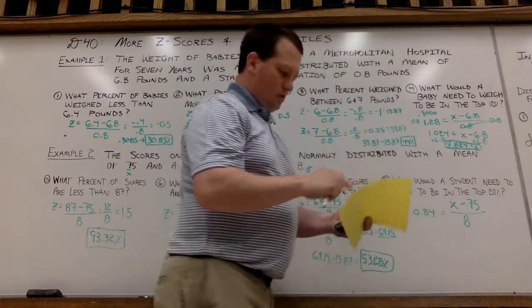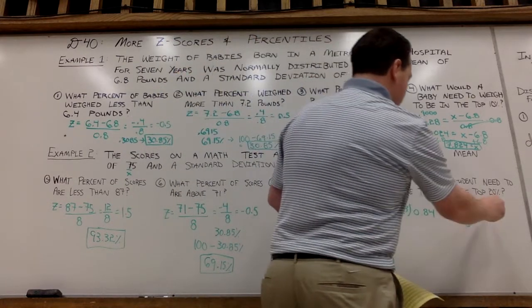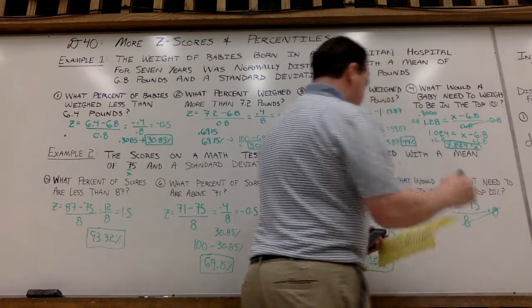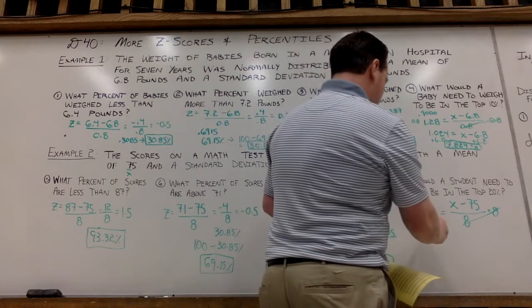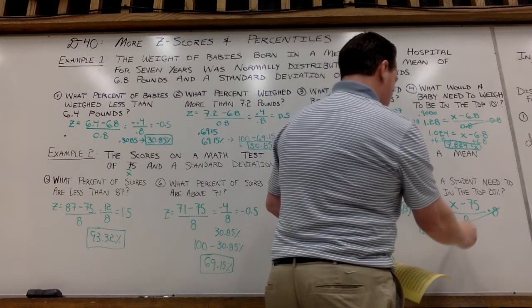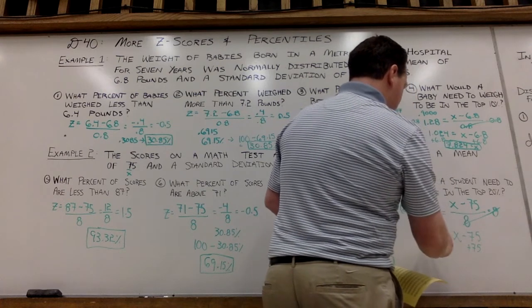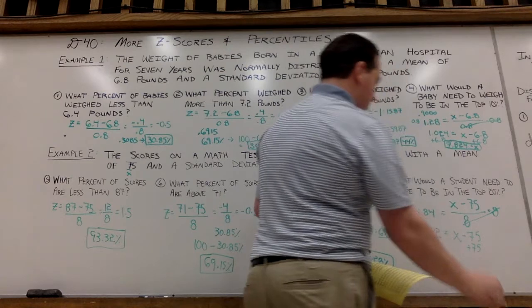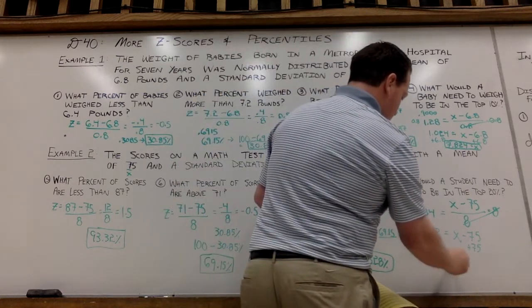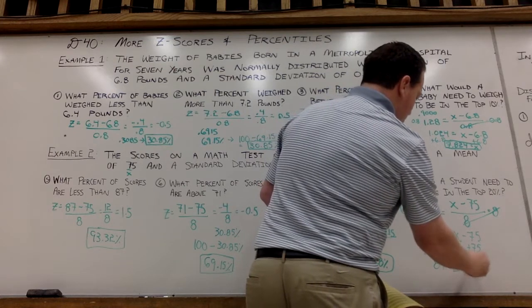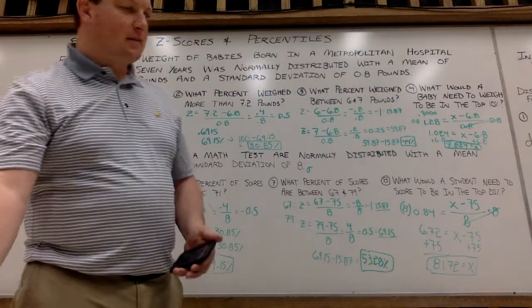So again, I'll work backwards using those inverse operations, multiplying both sides by 8. 8 times 0.84 gives me 6.72, would equal x minus 75. Adding 75 to both sides, I'd end up with 81.72. That would need to be your score on the exam to finish in the top 20%.